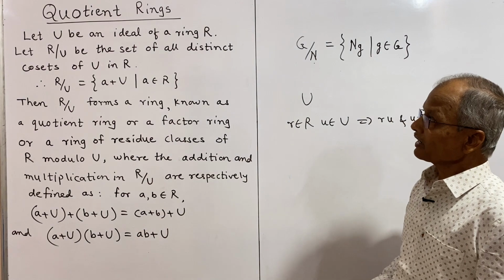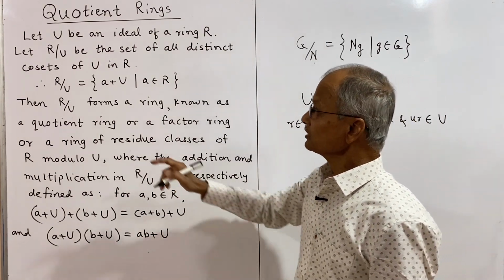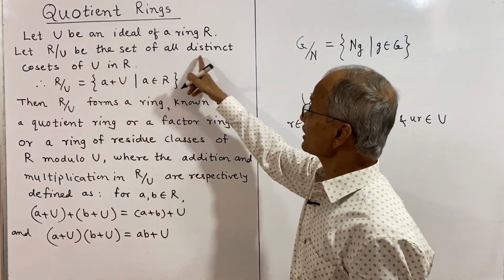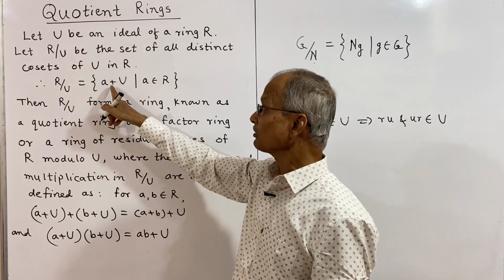So with the help of the ideal we have to form a quotient ring, and we shall form a set denoted by R/U, the set of all distinct cosets of U in R with respect to addition.